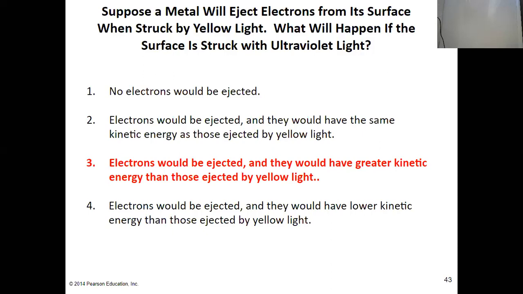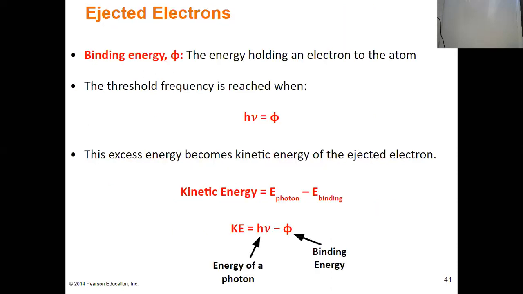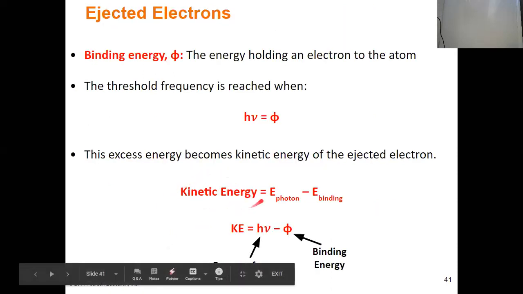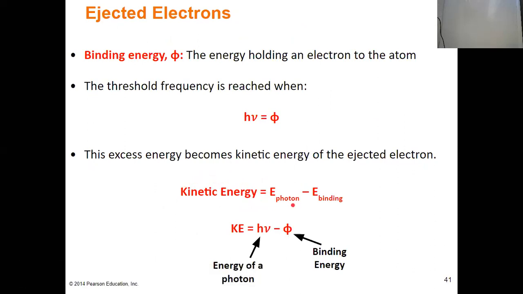Now, a higher frequency means that when we do our energy equals Planck's constant times frequency formula, our energy value is going to be much larger than if we use the frequency of yellow light. So in the subtraction for our kinetic energy value, the energy of our photon associated with ultraviolet light would be a much higher energy than the energy associated with the yellow light.